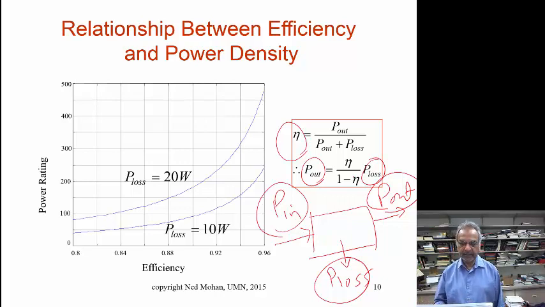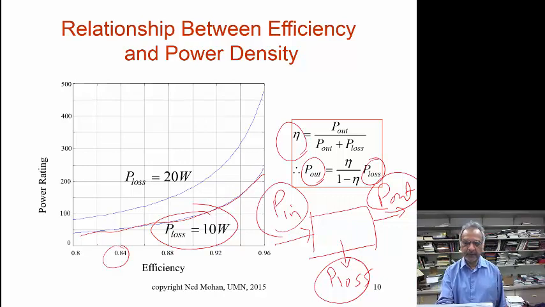So let's take a P loss of 10 watts. This curve here represents a constant power loss of 10 watts. But if you had an efficiency of 0.84, the output power here is only 50 watts. Whereas if you increase this efficiency, let's say to 0.94, then the output power that we can get is 150 watts.